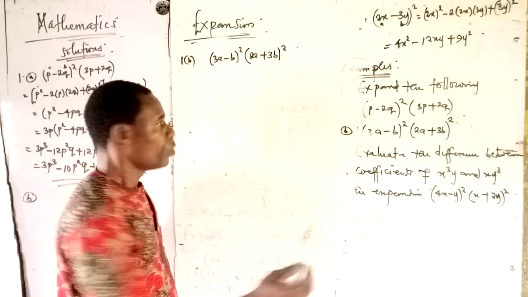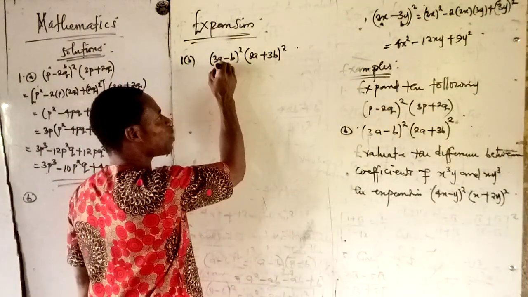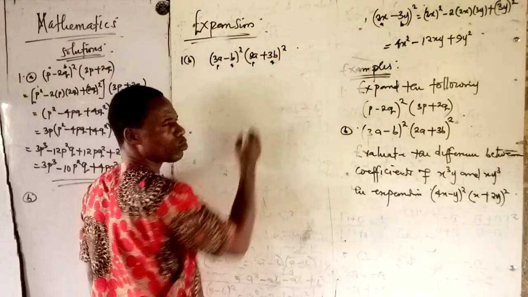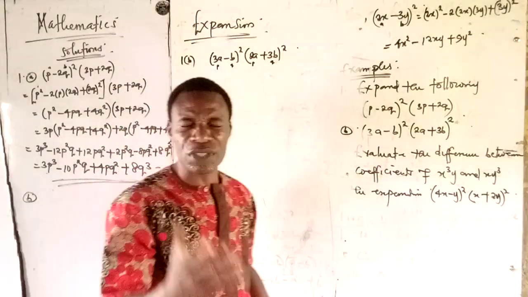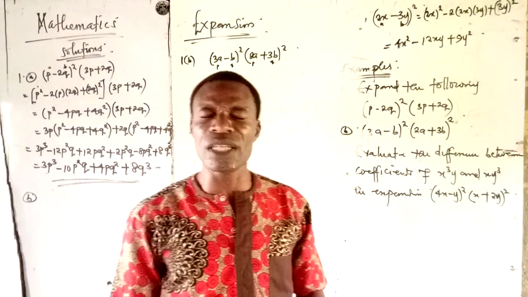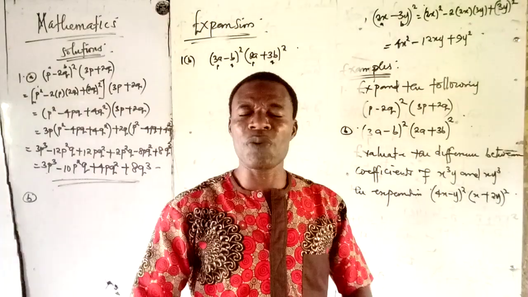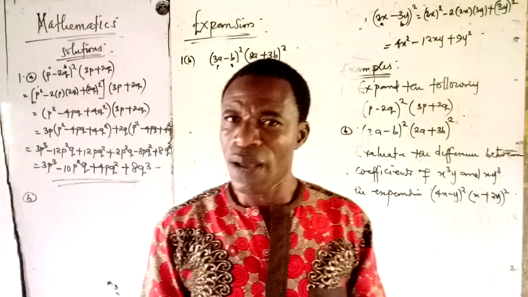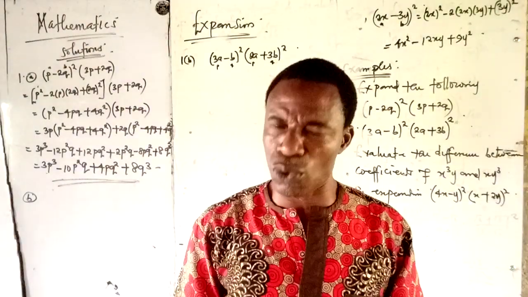You should know that if we call this p, we call this q. p plus q all square is p square plus 2pq plus q square. And p minus q all square, according to algebra, is p square minus 2pq plus q square.